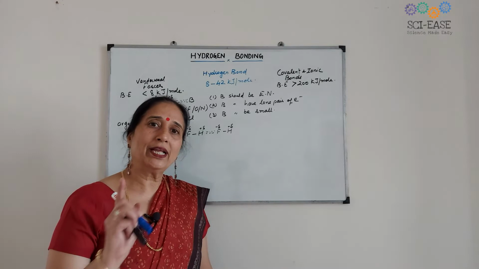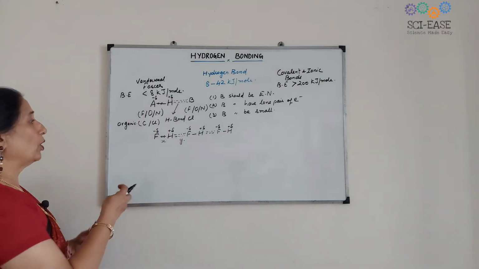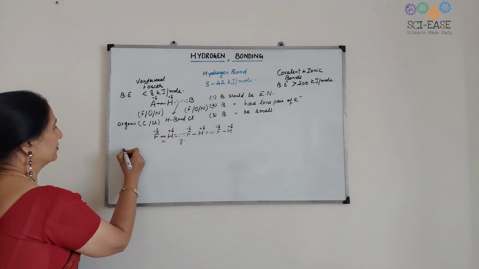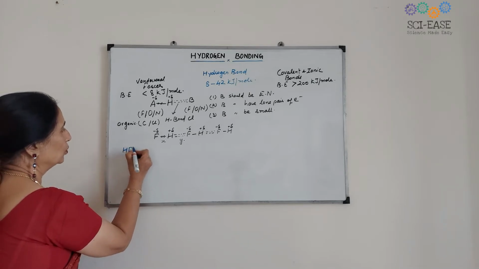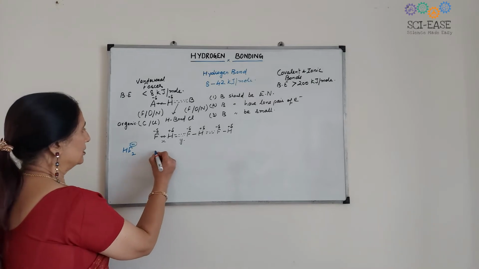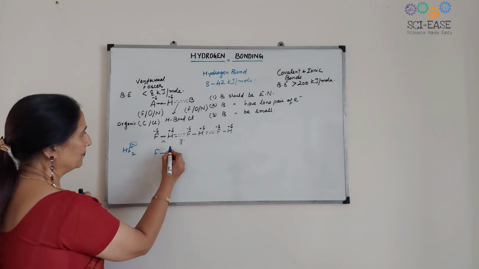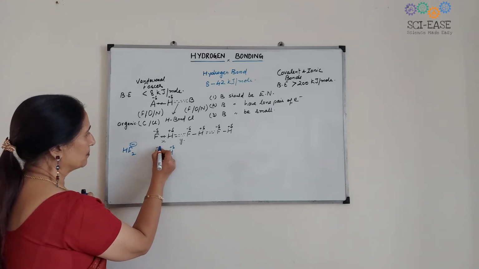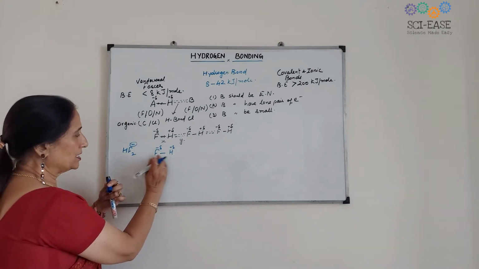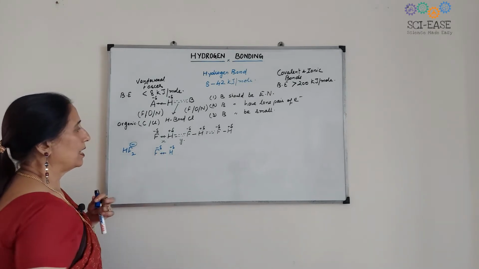Now I want to tell you one exception here. The molecule HF2 negative. This is an exception. Now this is FH. A covalent bond is there. There is a partial positive charge and a partial negative charge because this is an electronegative element, and the shared pair of electrons will shift more towards fluorine than towards hydrogen.